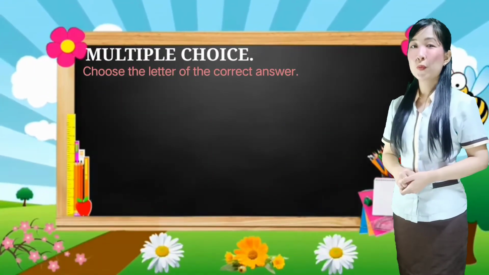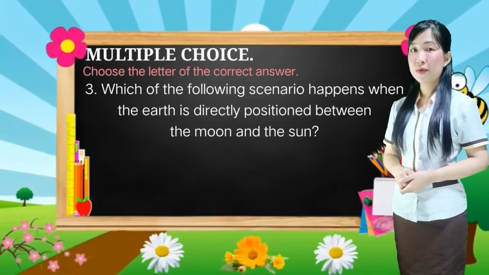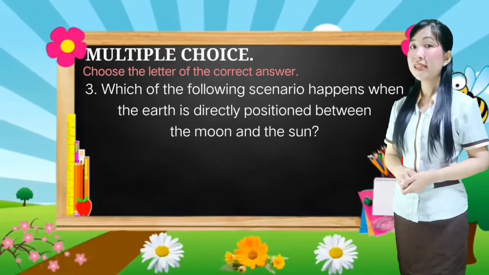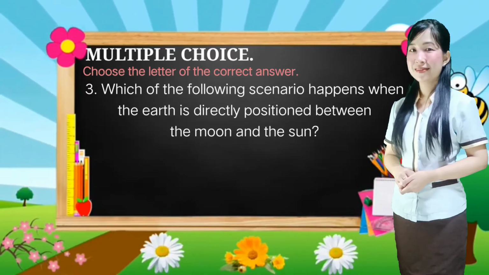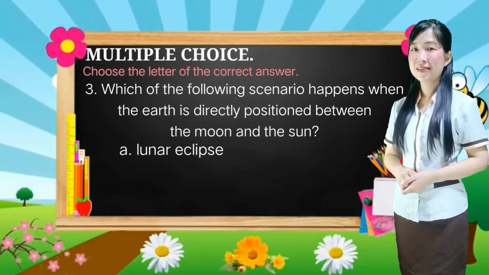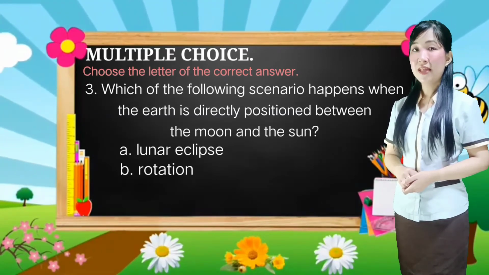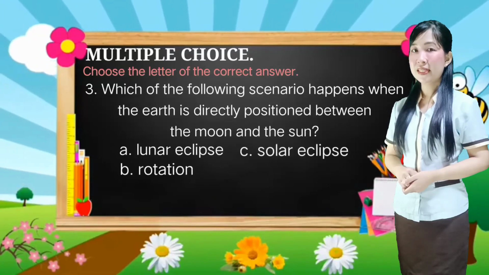Number 3. Which of the following scenarios happens when the Earth is directly positioned between the Sun and the Moon? Letter A, lunar eclipse. Letter B, rotation. Letter C, solar eclipse.